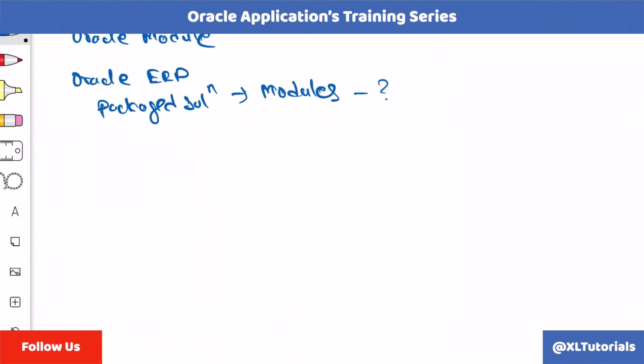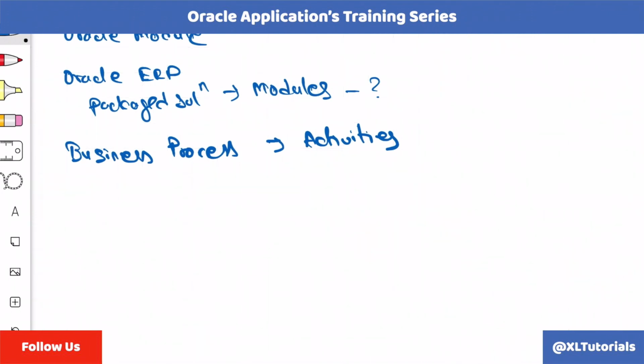Before we understand a module, we just need to understand two basic terminologies. These are not official terminology, but still for understanding. There is something called a business process, and then there are activities that are performed within those business processes. A business process, as the name might suggest, is any regular structured process or steps that are done in a business.